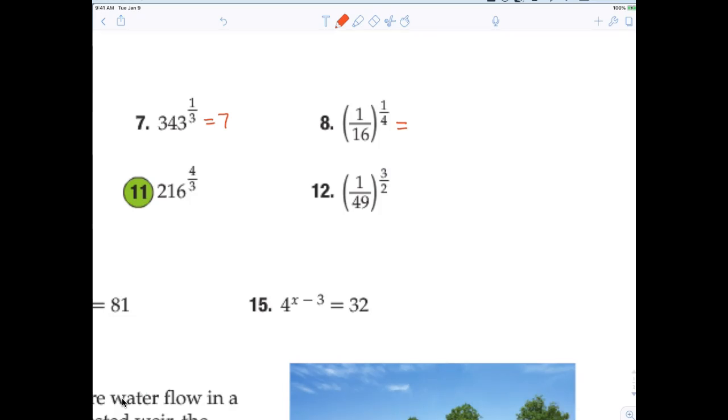It's what times what times what times what is 1/16? 1/4 times 1/4 is 1/16. What is it? 1/2. Of course. Thank you. 1/2.